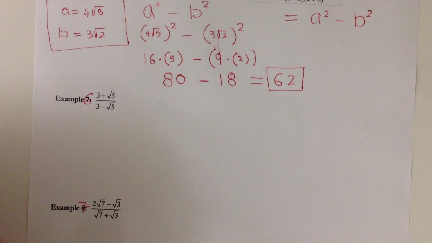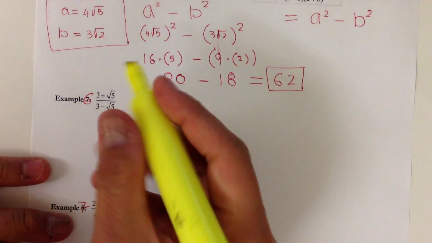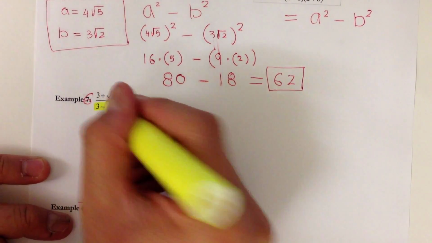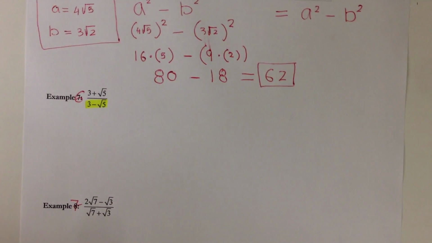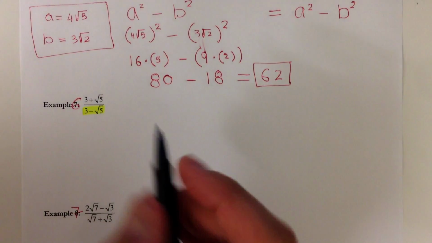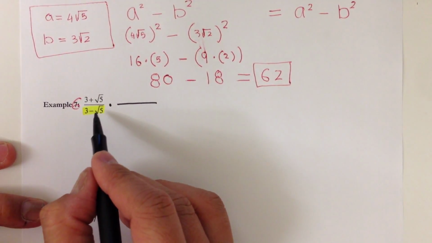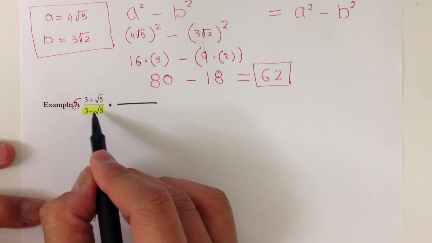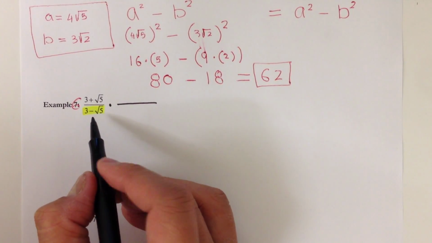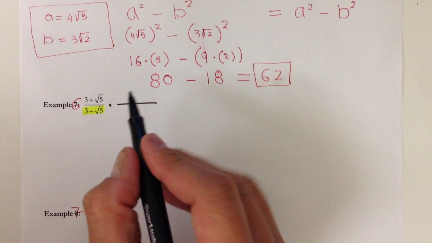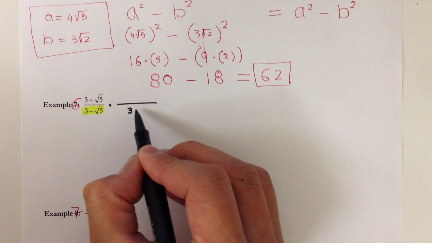So the trick here is to look at the denominator, which is 3 minus rad 5, and multiply it by its conjugate. The conjugate of 3 minus rad 5 is 3 plus rad 5.